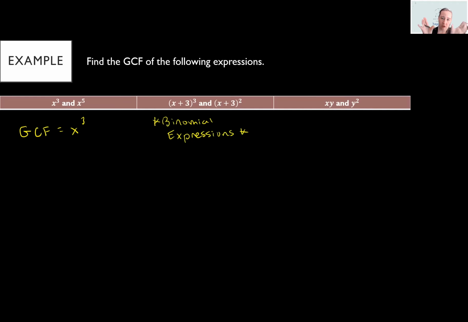So you're looking for, do the things in parentheses match? They do. And then the GCF has the smallest exponent out of the 2 choices. So we've got an exponent of 3, exponent of 2. 2 is the smallest. So our GCF is in parentheses x plus 3 squared. So it's what's in common and then the smallest exponent.